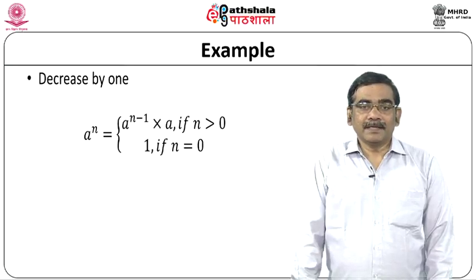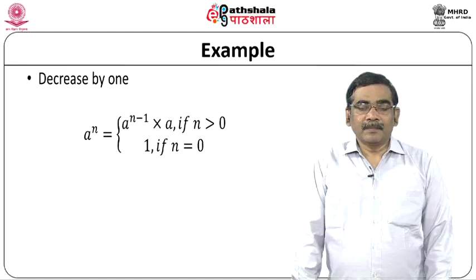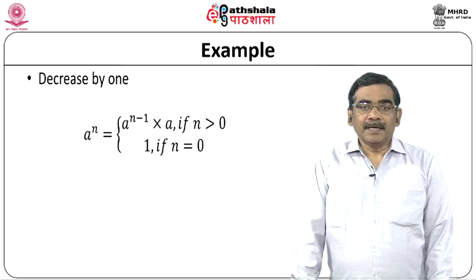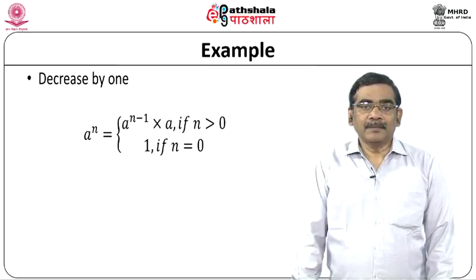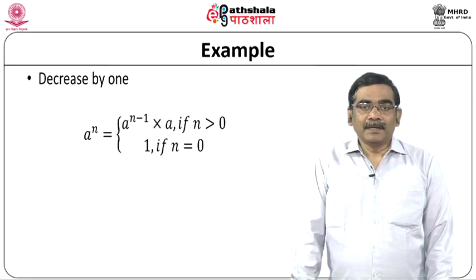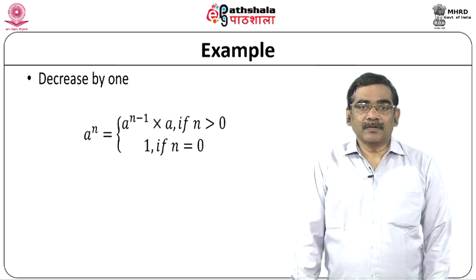Now you can see exactly what is happening. The problem a power n is reduced to a power n minus 1, and by multiplying by a we get the solution of the original problem.